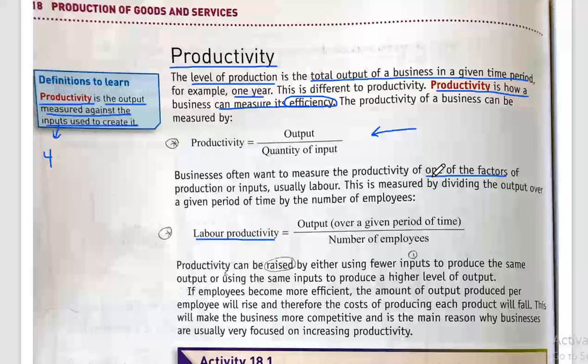This is measured by dividing output over a given period of time by the number of employees. So output divided by number of employees. This is how I know how productive my laborers were in the production process.